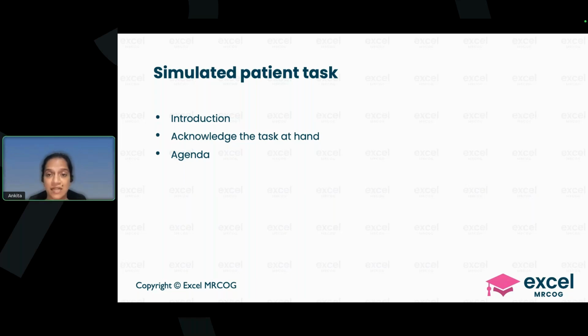Refrain from setting an agenda unless it is specified, because the agenda is based on what the patient wants to know. Even particularly in a teaching task, agenda is not what you set. Agenda is what the colleague wants to know. For example, if your colleague wants to know about forceps delivery, and you tell her, okay, I'm going to tell you about indications, contraindications, application, complications of forceps delivery, the task that is assessed is not assessing you for complications at all.